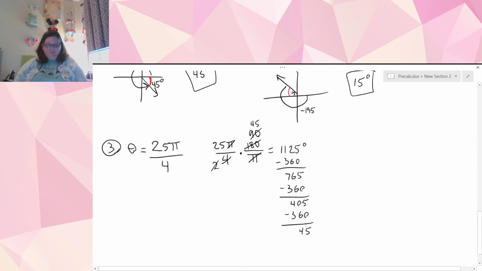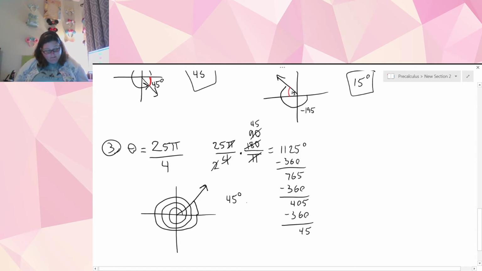So this angle goes around 3 times plus 45 degrees. That's a big angle. My reference angle, because it's in the first quadrant, is just 45 degrees.